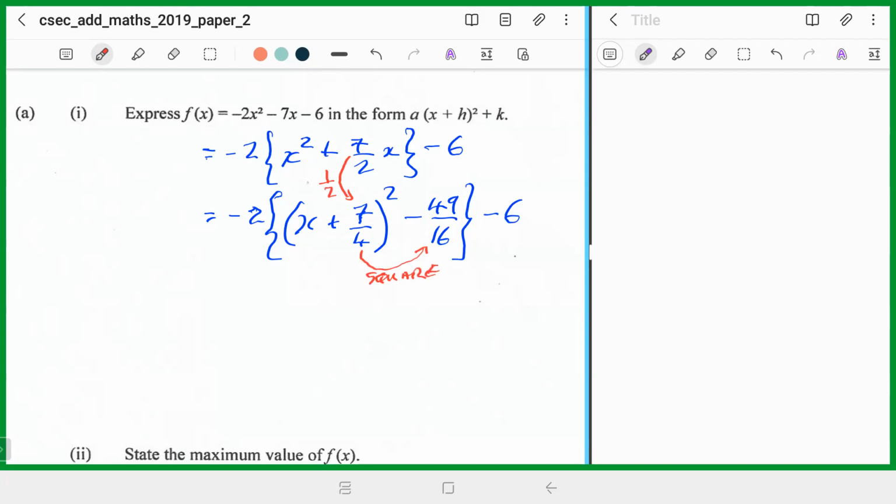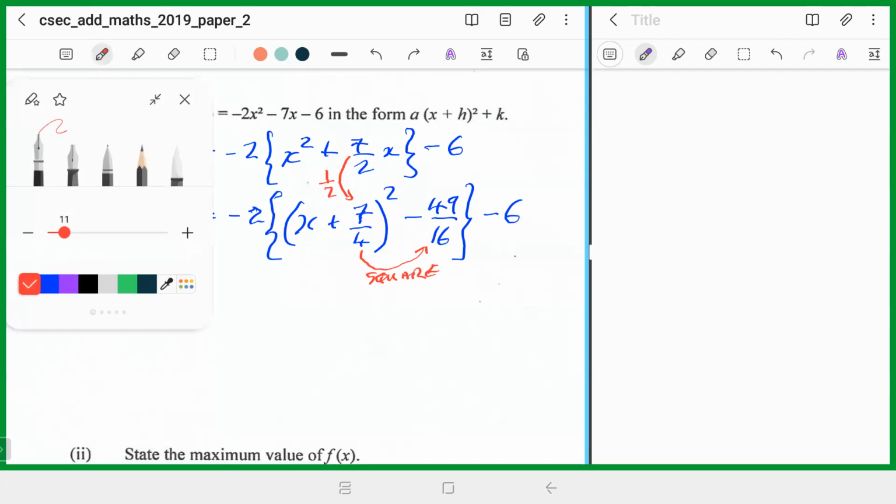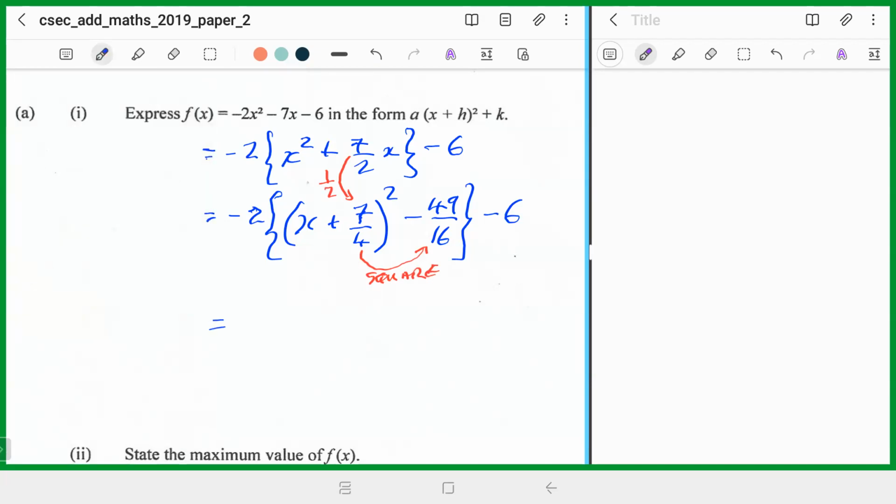Two steps. We're going to expand back with the negative 2, and again, be careful with the negative. So when we expand back with the negative, we're going to get negative 2 into x plus 7 over 4 squared plus 49 over 8. Look at the plus, minus times minus gives you a plus.